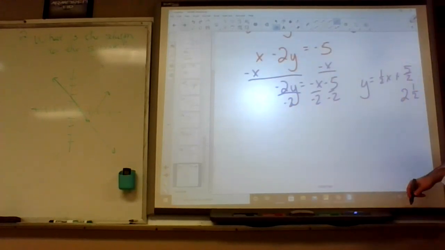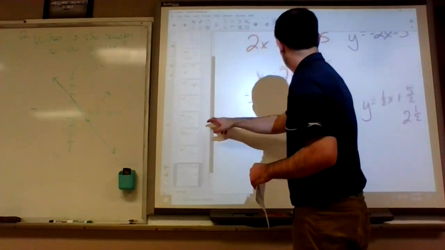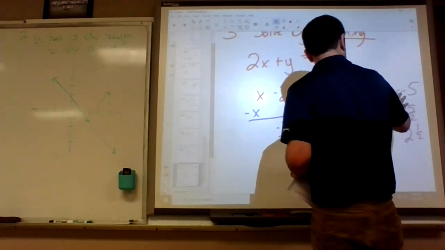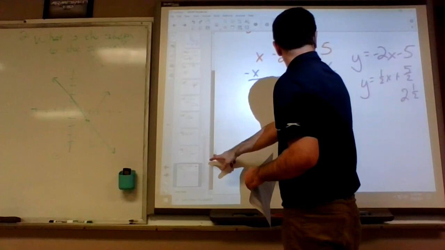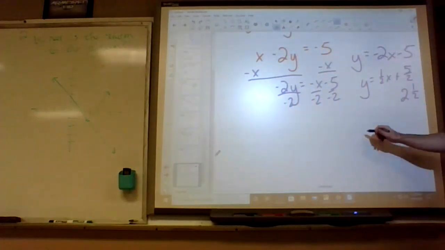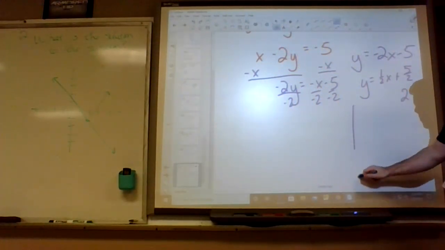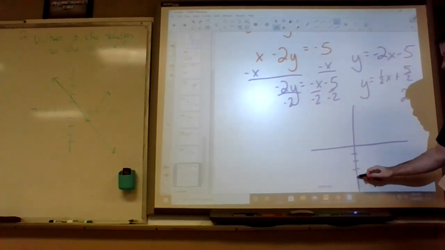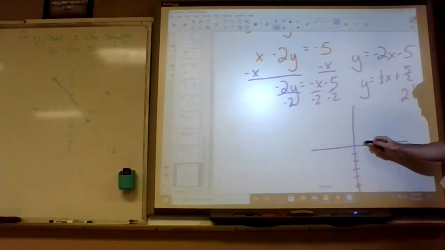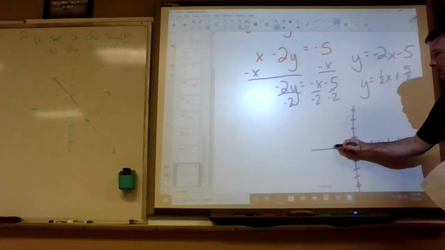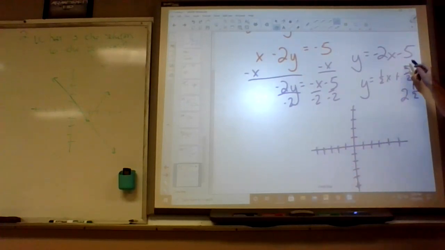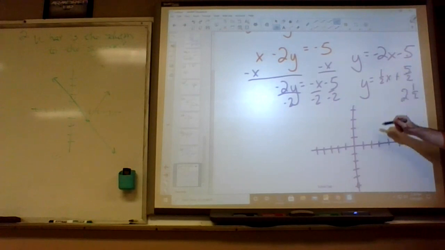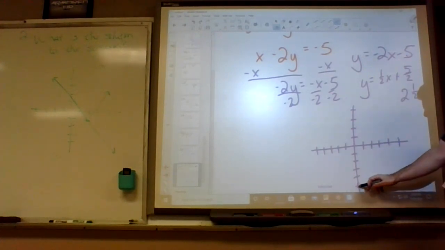Oh, so it's easier if you just turn it to 2 and a half, since 5 halves is the same thing. Right in the middle of 2 here. So, did you get -2, -5 with the slope of -2, so down 2 right 1 or up 2 left 1?